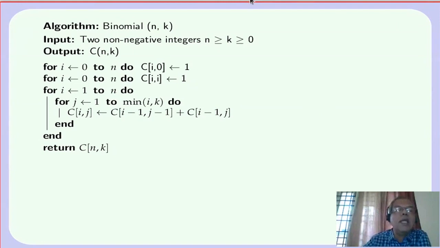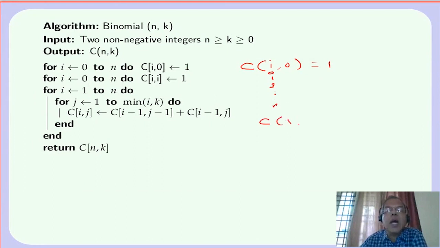Binomial n comma k: input is 2 non-negative integers n and k satisfying the relation n larger than or equal to k, larger than or equal to 0. Output is C of n comma k. This is initializing all C of i comma 0 is equal to 1, for all values of i equal to 0, 1, 2, and so on n, then all C of i comma i is equal to 1 for all values of 0, 1, 2, n.